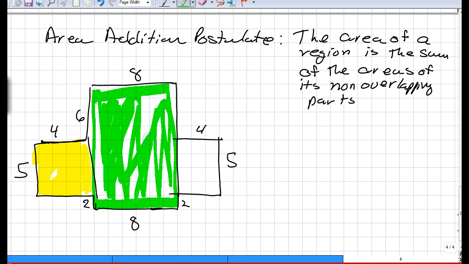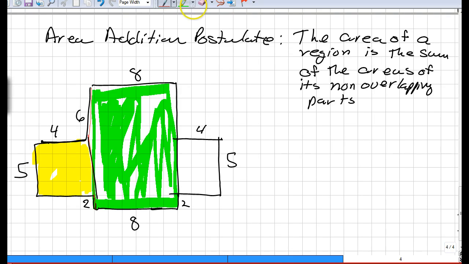Okay, and that is a rectangle that is, let's see, we have 6, 5 more, that's 11, and 2 more is 13. So it's 8 by 13.